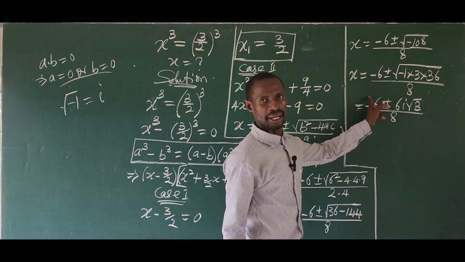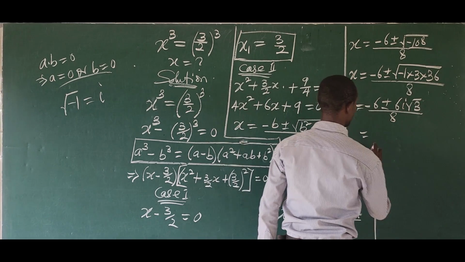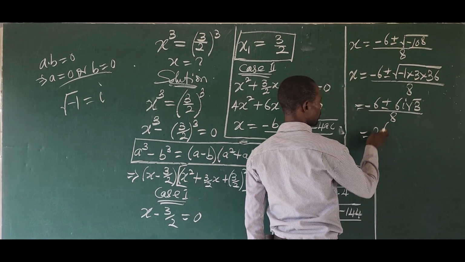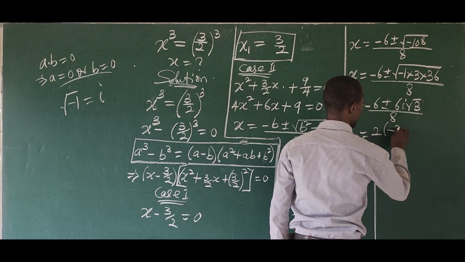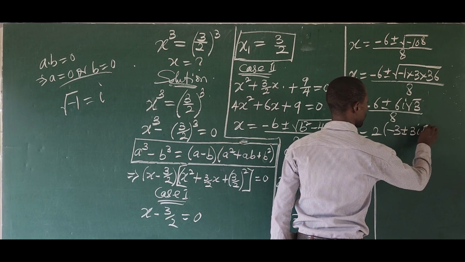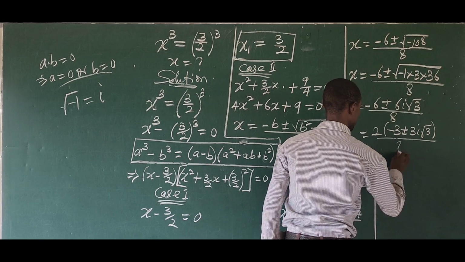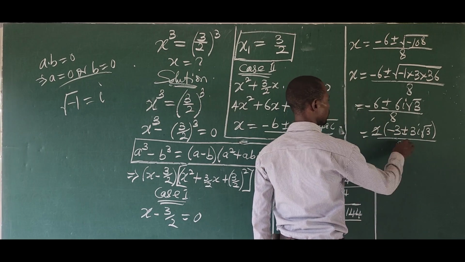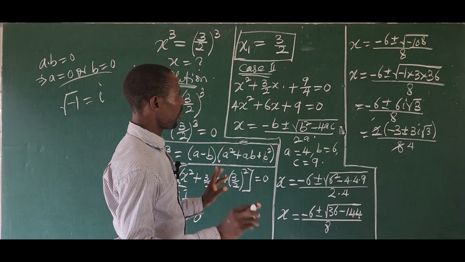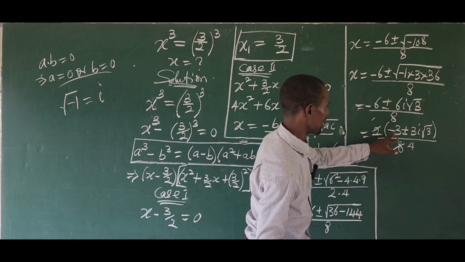2 is common here, and 2 can also be factored out from the denominator. So this is going to give us 2, then into, if we use 2 to divide this, we're left with minus 3 plus minus 3 iota root 3, all over 8. So 2 here, 1, 2 here will give us 4. Okay, so we can rewrite this expression.